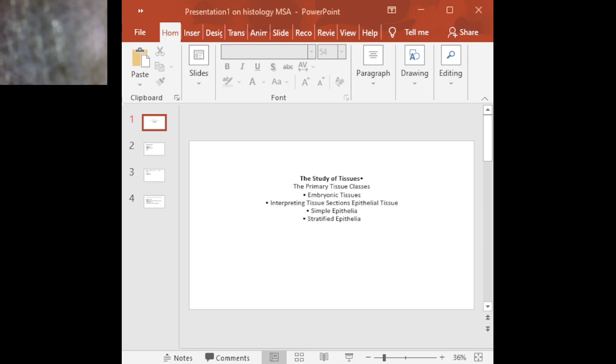Or maybe you can say stratified transitional epithelium, but I just need you to tell me where the people behind the nomenclature got the name from. Transitional epithelium. Someone? Yes. Is it because they resemble both stratified squamous and stratified cuboidal epithelium?